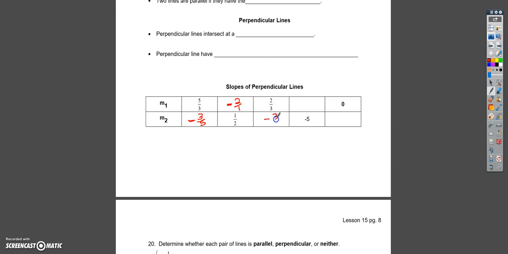Change the sign, flip the fraction. So make this a fraction, change the sign so it's going to be positive, and flip the fraction. And the slope of a perpendicular to 0 would have to be up like this, so its slope would be undefined.